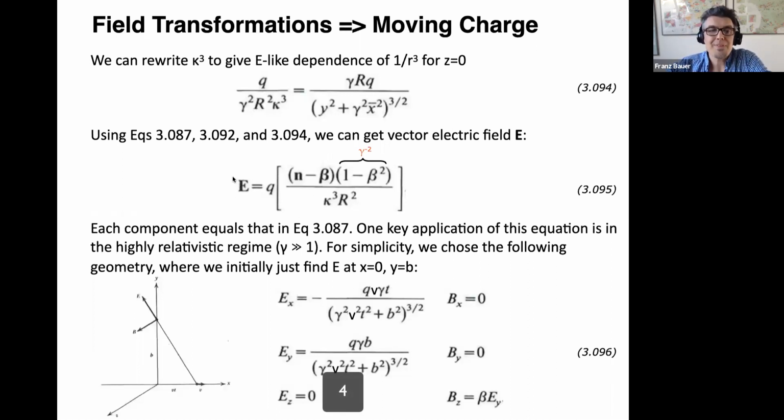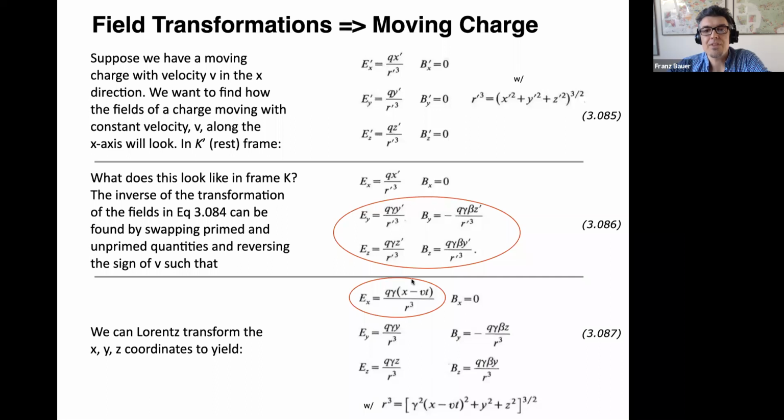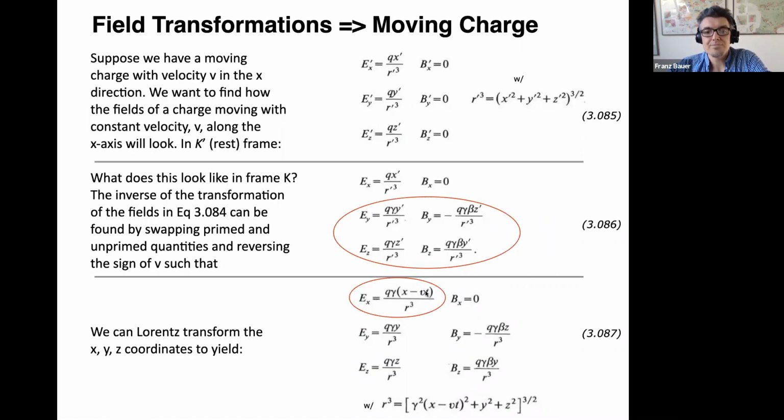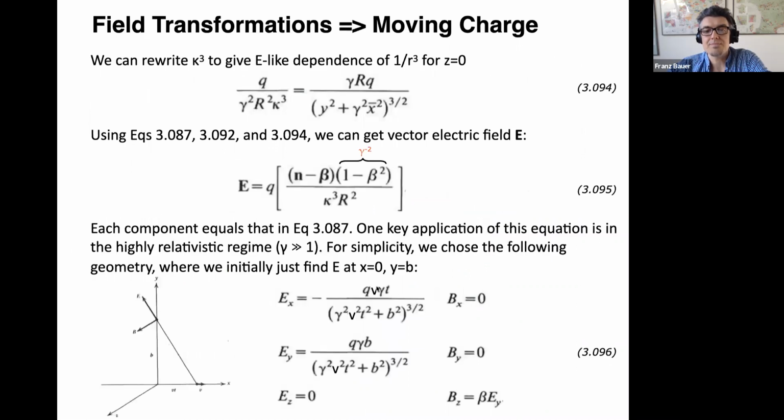So, by evaluating each of these components out, we end up with something that looks like this. And so the main differences here from this thing are what? So we have this r cubed here, and that ends up being this thing. And we have this x, if we have it at 0, then this ends up looking like this. Right?